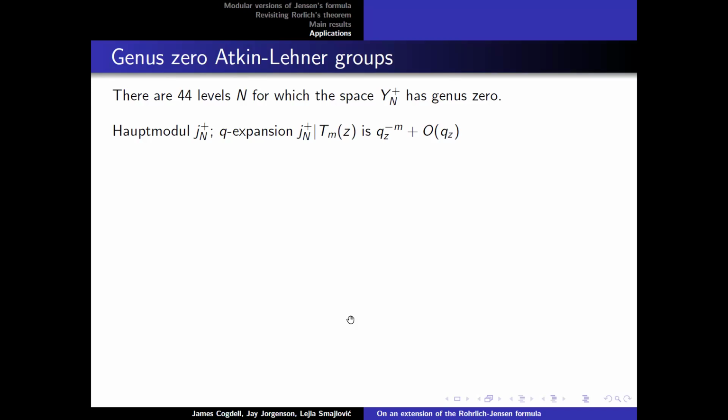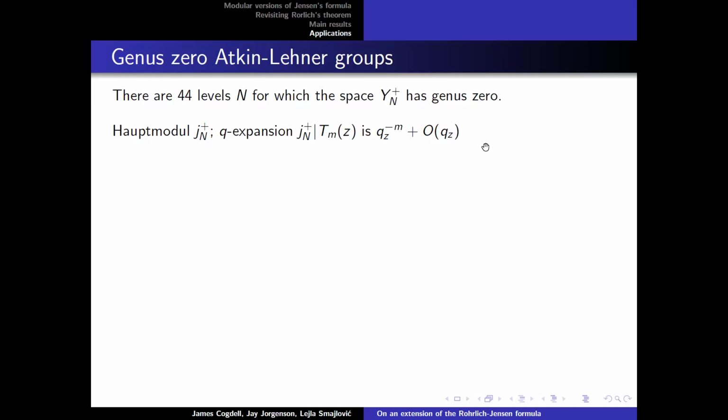And regarding the Atkin-Lehner groups, there are exactly 44 levels for which the corresponding space has genus 0. And for each such genus, the Hauptmodul for this genus 0 is computed.